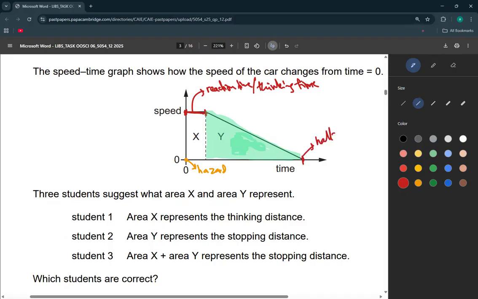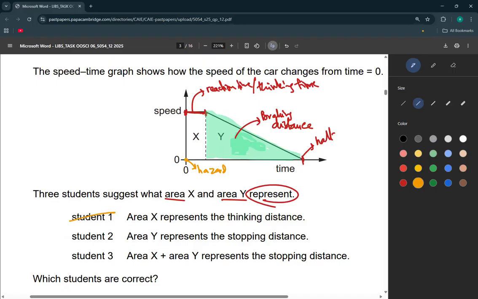Is the distance traveled after braking. Okay. So we could call it the braking distance. Okay. Now we have dissected the graph. Okay. Three students suggest what area X and area Y represent.